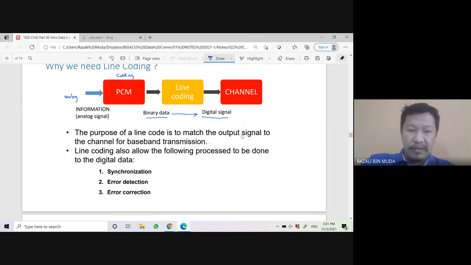First is synchronization, second is error detection, and third is error correction. So why do we need line coding? To be able to do these processes: synchronization, error detection, and error correction.